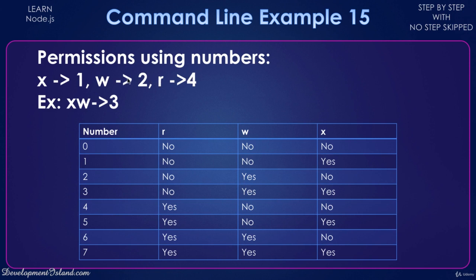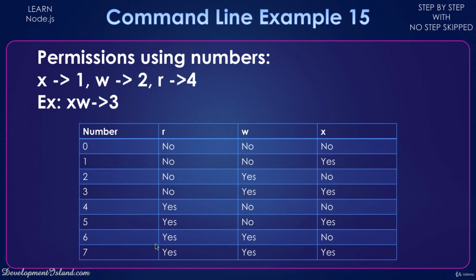So a number 3, for example, means that we've got x and w. So 1 plus 2 equals 3. Each of these numbers will correspond to a unique combination. So 6 refers to 2 plus 4, and that's write and read. And let's check that.